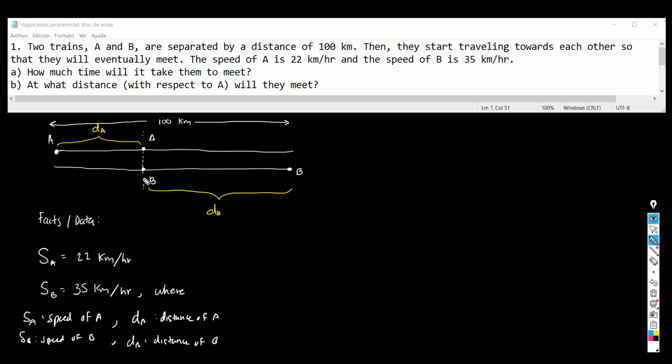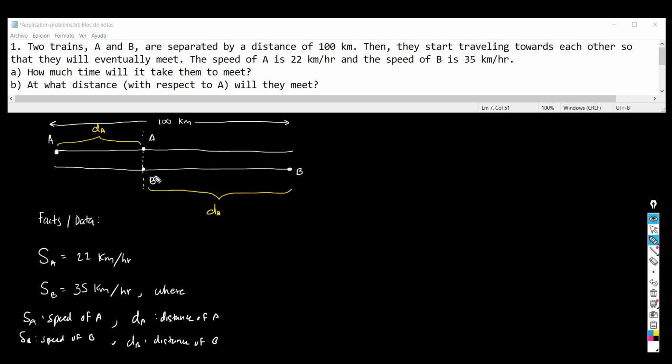Okay, and what can you observe, guys? Is there a relationship between the distance covered by A, this yellow distance, and this other yellow distance, the distance traveled by B? What would be the sum of this little bit plus this little bit? It's going to be 100 kilometers, right? According to the geometry of my diagram.